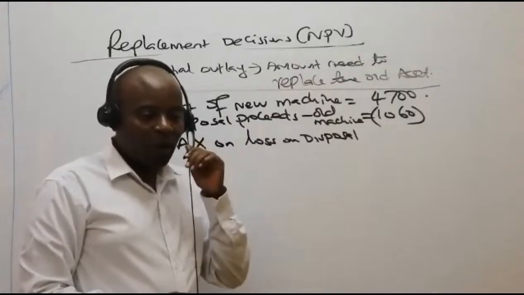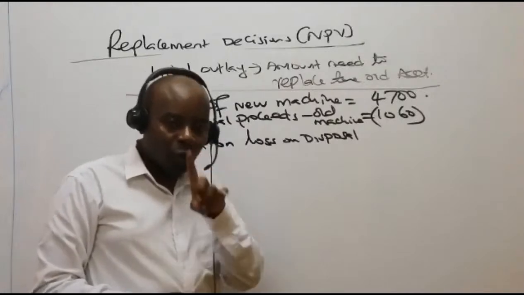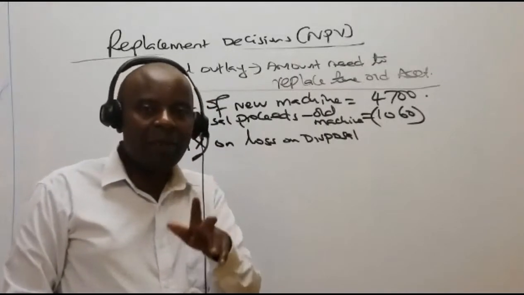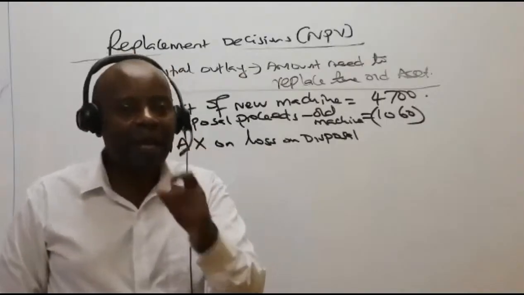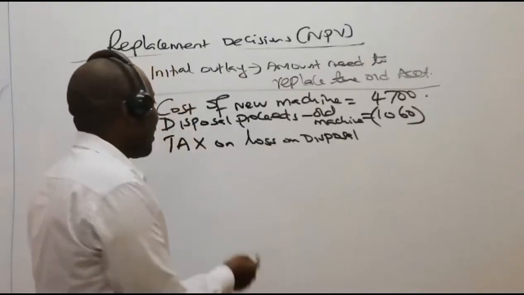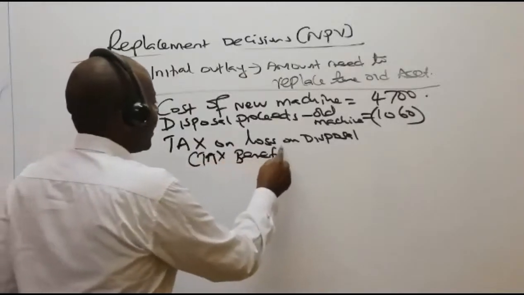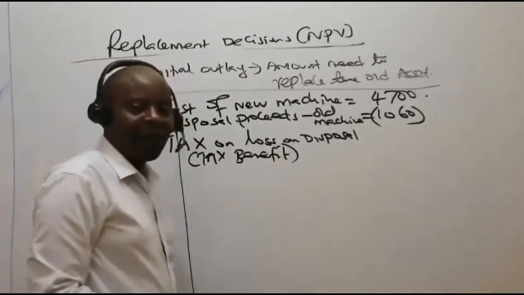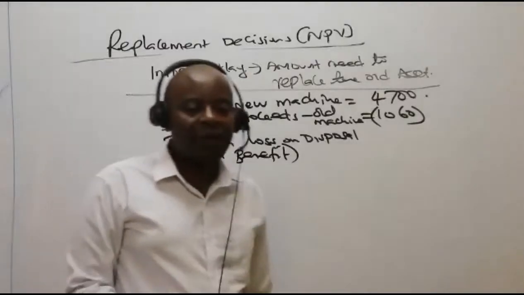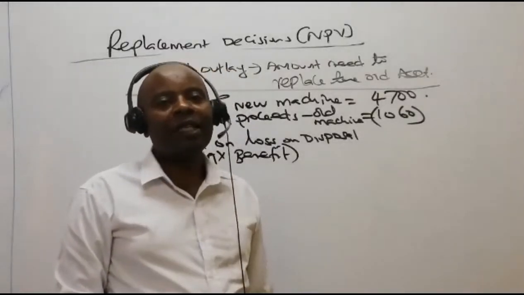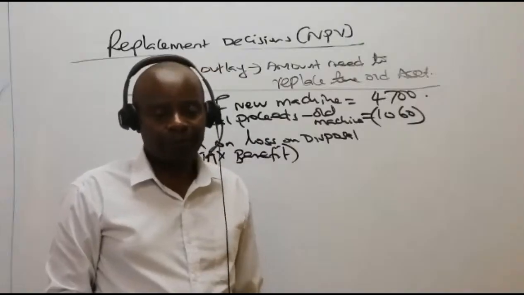Whenever you make a loss on disposal, straight away the taxman will give you a benefit. So this is a tax benefit. A tax benefit is an inflow. The loss on disposal, the taxman will allow you to claim that amount almost immediately.